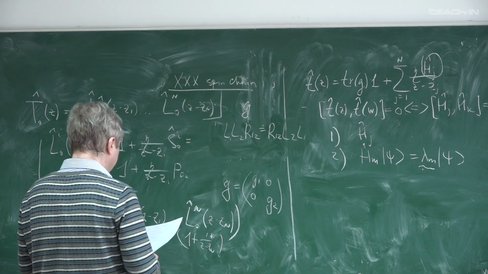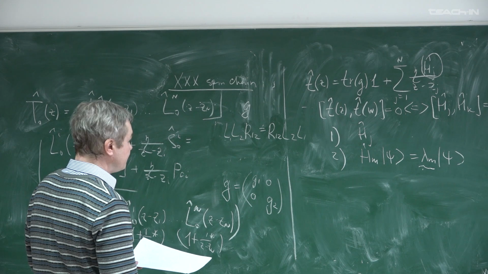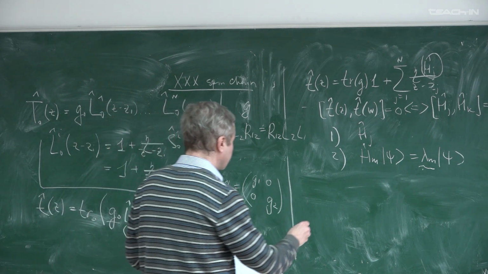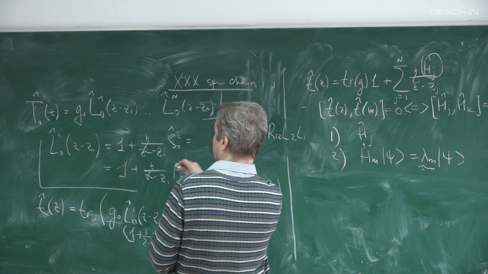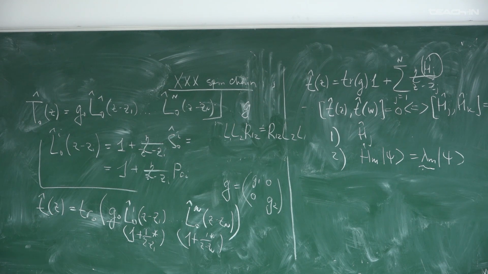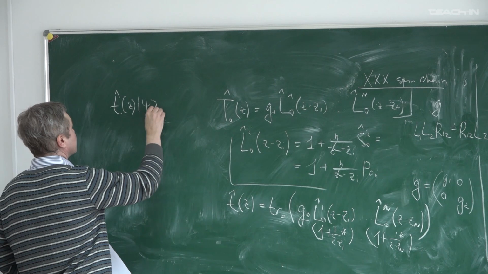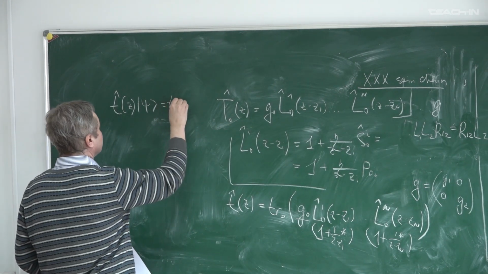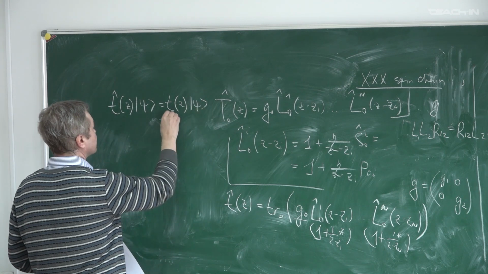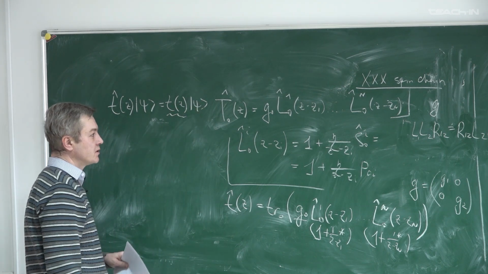Okay. So previously we formulated the quantum problem as follows. We have this T of z, this T, and the action on psi should be equal to some t of z without hat. And we were looking for this expression.